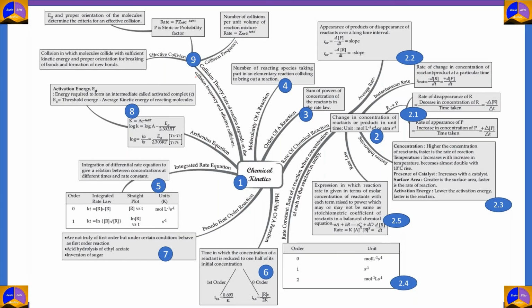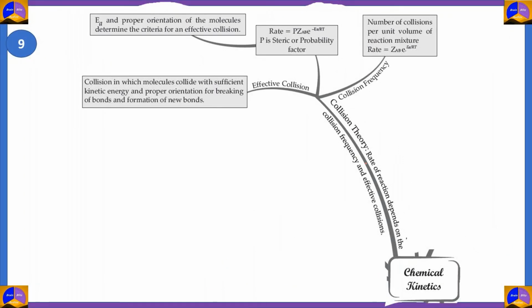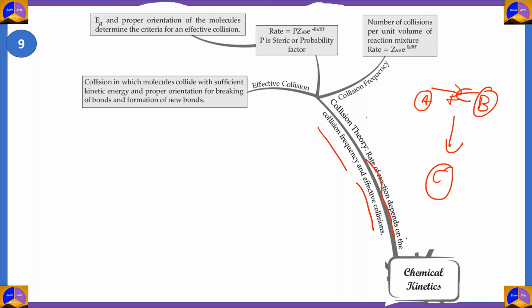Now we move on to the final part, which is the collision theory. So over here, the rate of the reaction depends on the collision frequency and effective collisions. So earlier we've understood that when these reactants collide with each other, they form products. So that is the theory, collision theory. And so over here, the rate is dependent on the frequency, and it is also dependent on effective collisions.